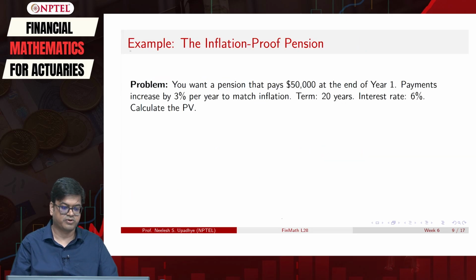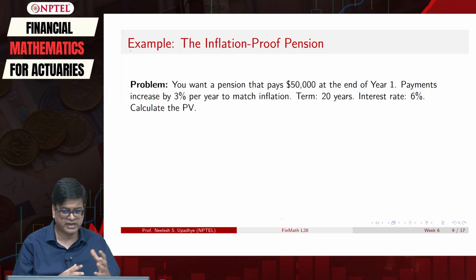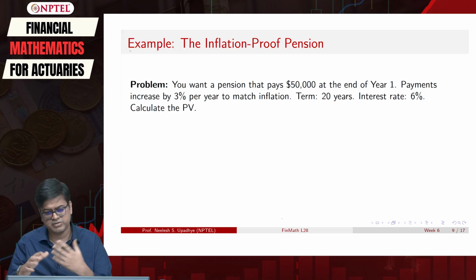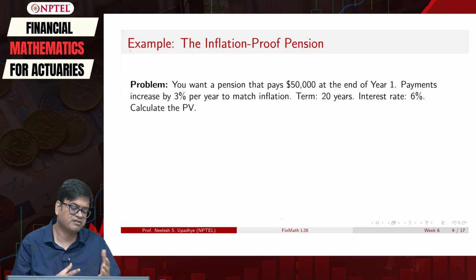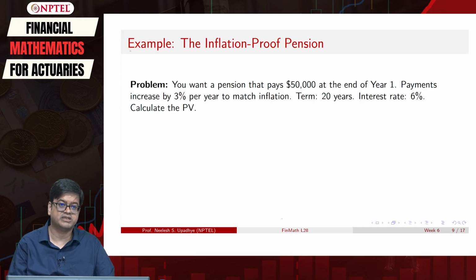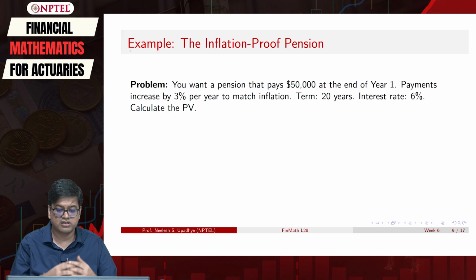So let us do one problem and see what you get using this rounding off. You can try on your own with the method that we have described through j, or you can try with our recommended method. So, the problem is I want an inflation proof pension. So if I want a pension of $50,000 at the end of year 1, and then the payment should increase by 3% to match the inflation.